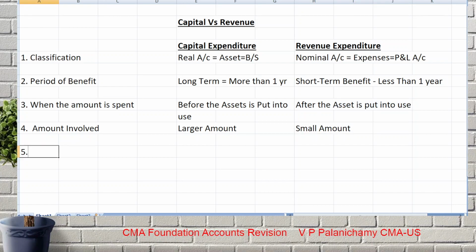Next, number 5. Purpose. The purpose of capital expenditure sometimes may be for improvement or extension. This is for the purpose of maintenance.